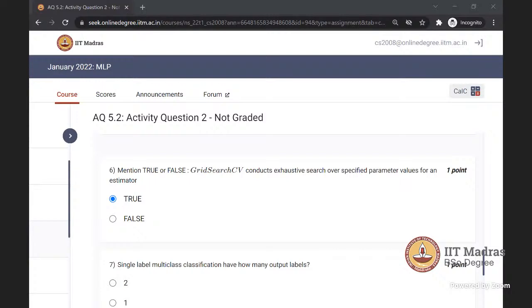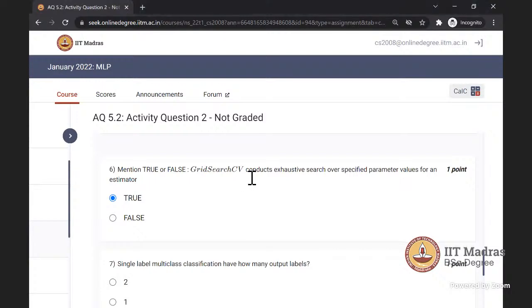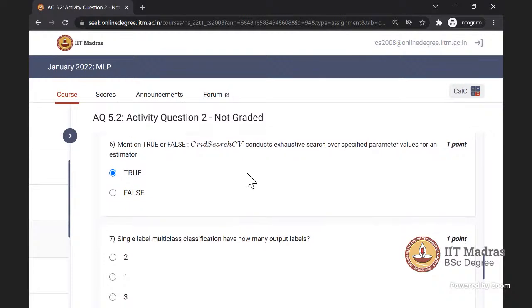Yeah, according to that. But if you can, there is a question on the discourse forum. If you can also post that, because my point of view is, if I have randomized search CV here, is my answer yes or no? Or if I give two things, grid search CV and randomized search CV, who will be doing exhaustive search?